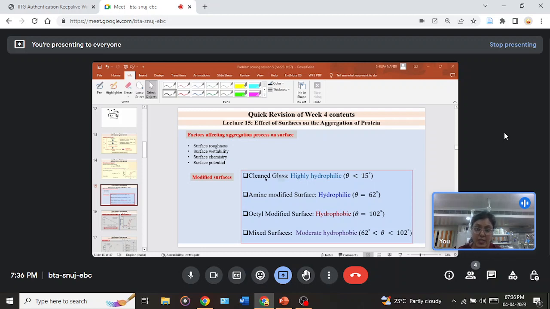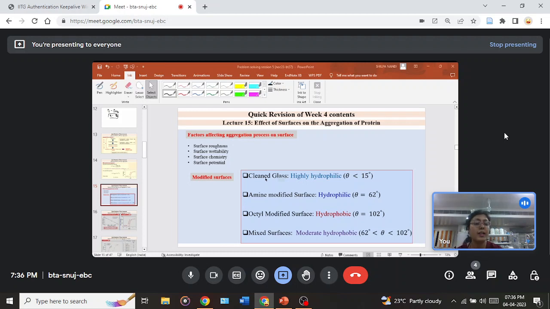surface wettability. From the next figure, as you can see, in the case of modified surfaces, clean glass is highly hydrophilic in nature. If we have an amine modified surface, it is hydrophilic, but the contact angle here is 62 degrees. Next we have the octyl modified surface, which is hydrophobic in nature.